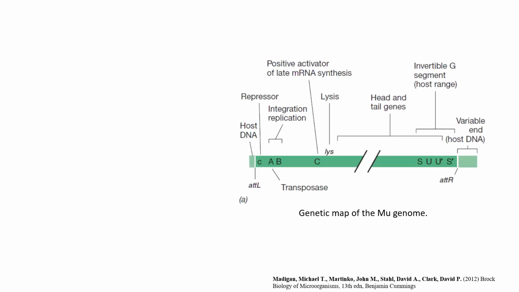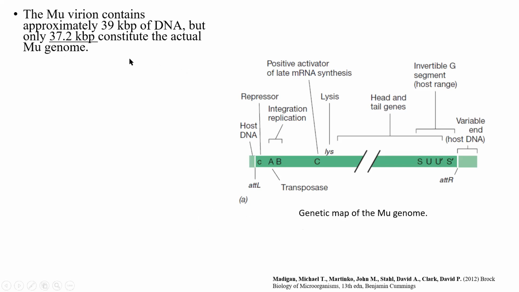This is a genetic map of bacteriophage mu. The mu virion contains approximately 39 kbp, or kilobase pairs, of DNA. But actually, only 37.2 kbp constitute the actual mu genome. So what about the rest?